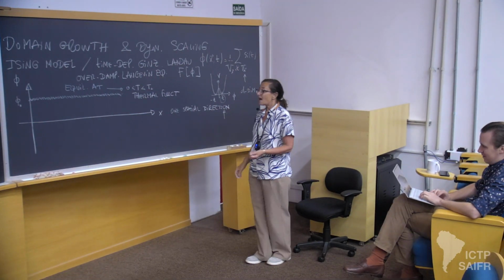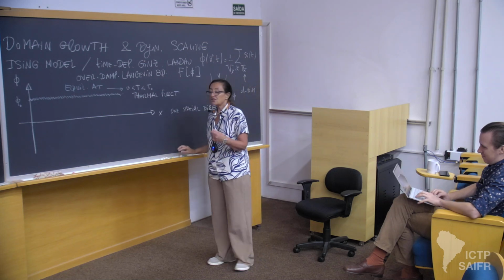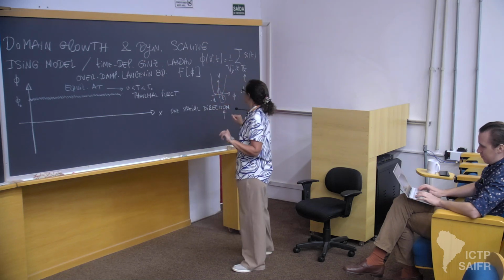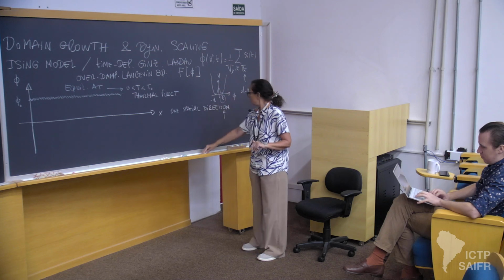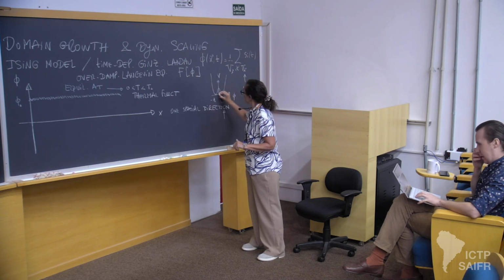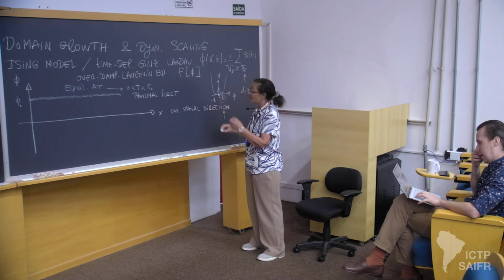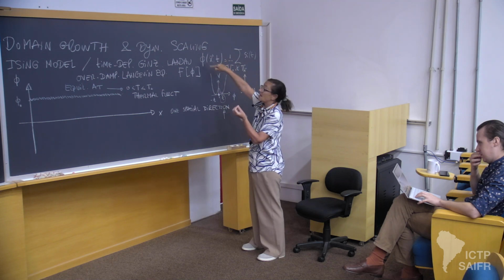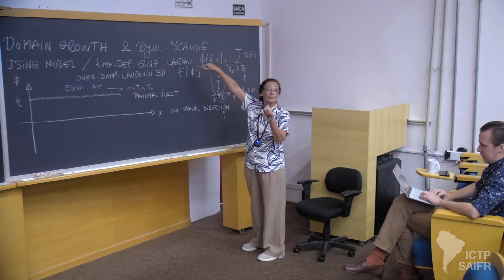Now, what happens if I start from a random initial condition? Random initial condition means that in this little plot here, I'm here. Random initial condition means that phi is 0, because I have as many pluses as minuses, and this averages out to 0.